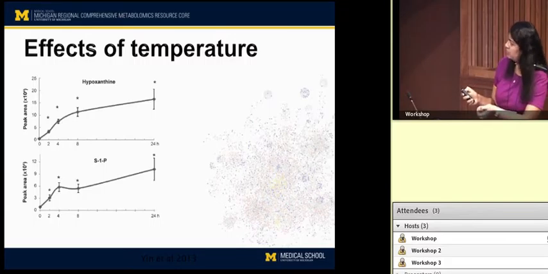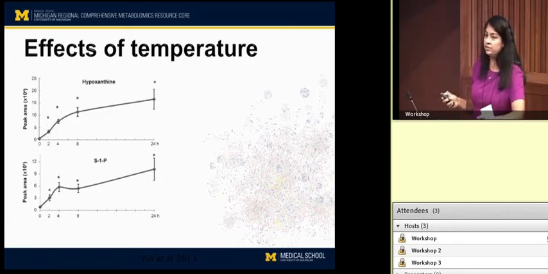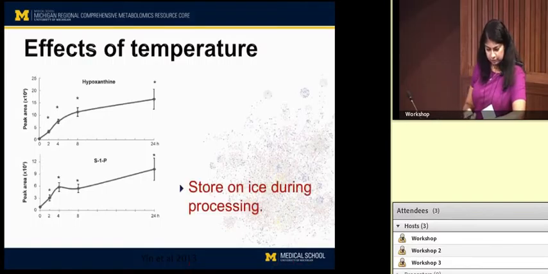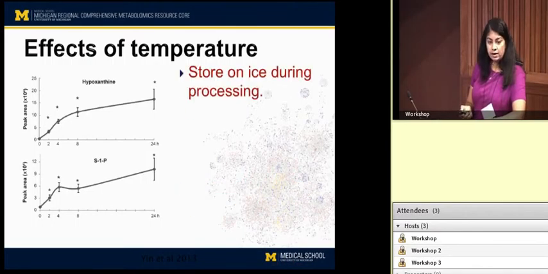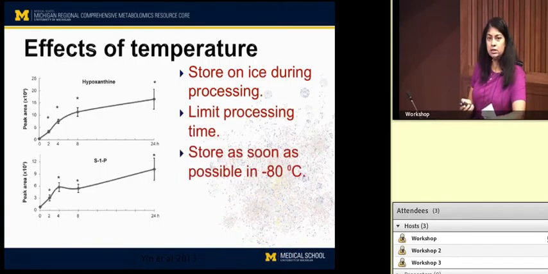So your decision not to maintain these samples at the right temperature could change what you're trying to measure. So always work on ice. Transport samples on dry ice and store them at -80, and if possible limit processing time to the very minimum, and do that across the board so that you are not changing the answers that you're getting.